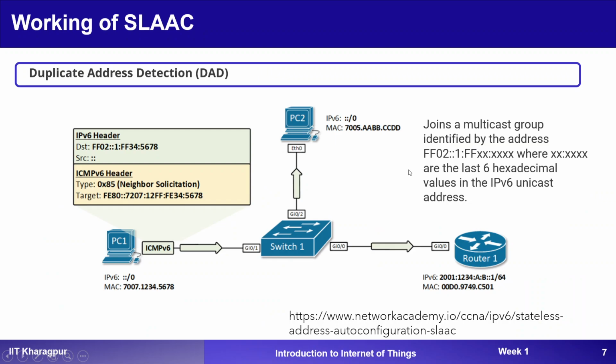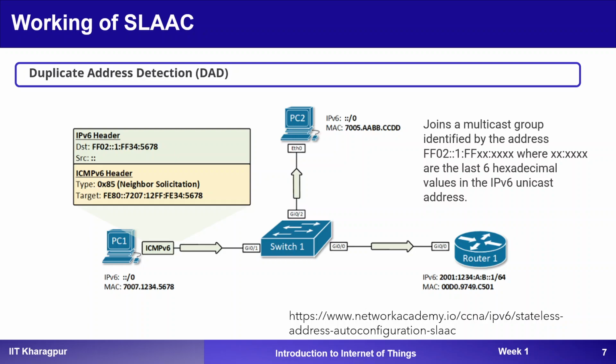After that, once the system joins that particular network, then that system will send an ICMP message to all the routers present in that network, with the destination IP address of this thing. This is the IP address.